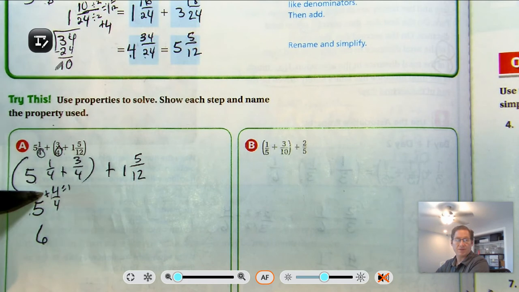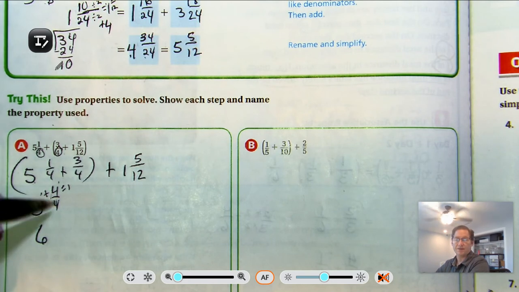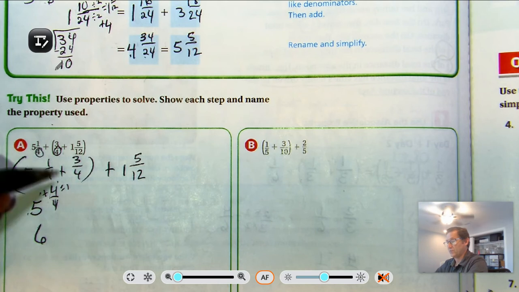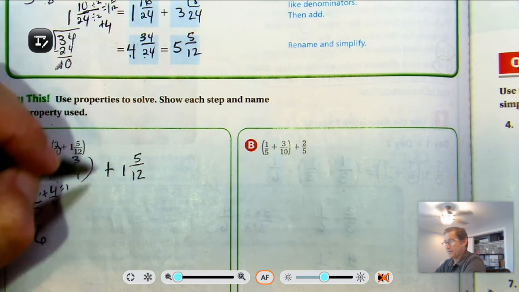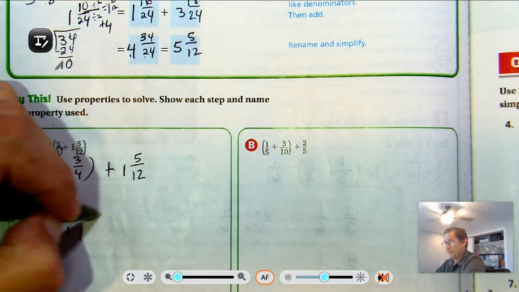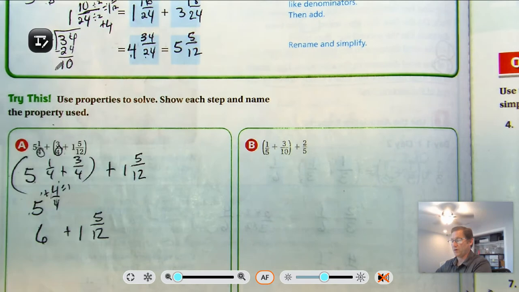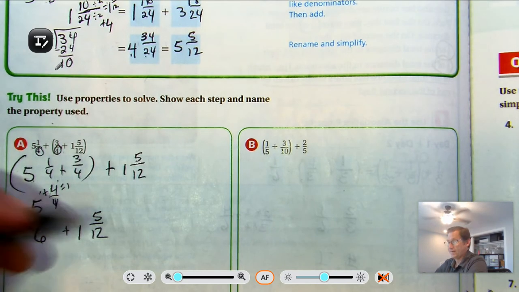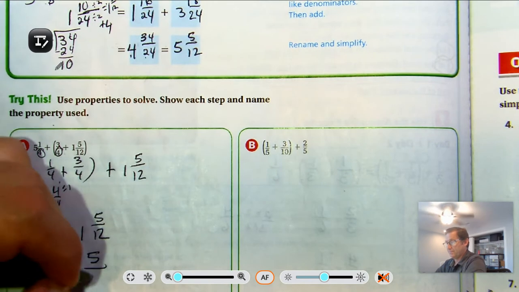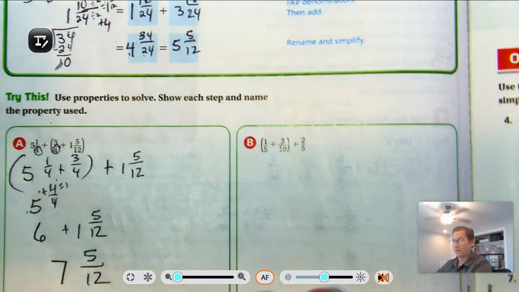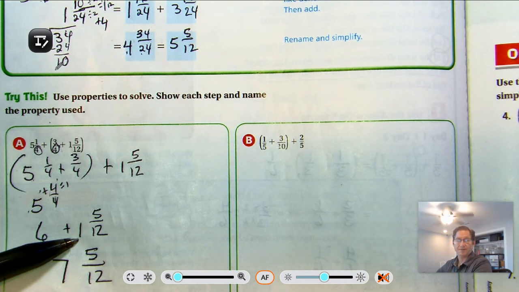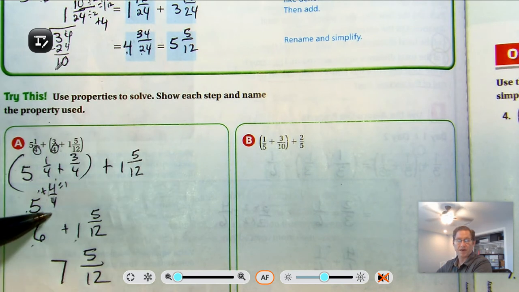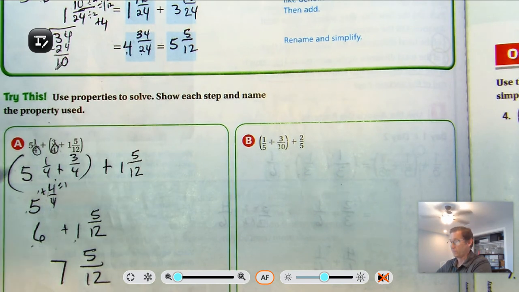Remember, it's 5 plus 4/4, and 4/4 is 1. 5 plus 1 is 6. So 6 plus 1 5/12, and we'll just add that. 7 5/12. 6 and 1 is 7. 5/12 plus no fraction is 5/12.